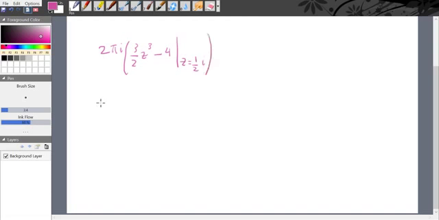So we're going to put those numbers in. This equals 2 pi i times 3 over 2 times a half of i to the power of 3, minus 4.